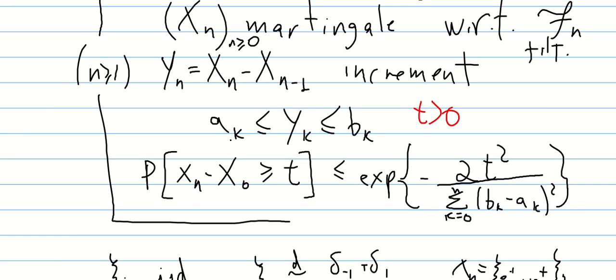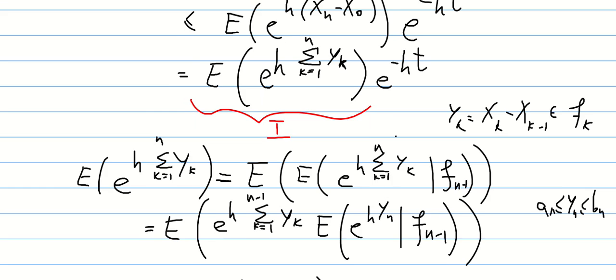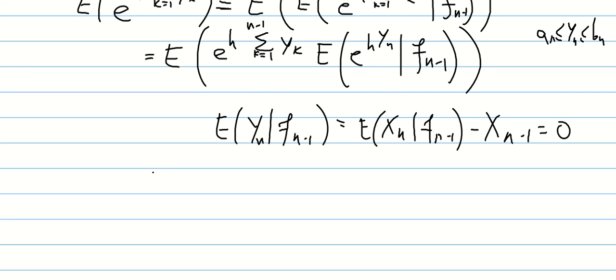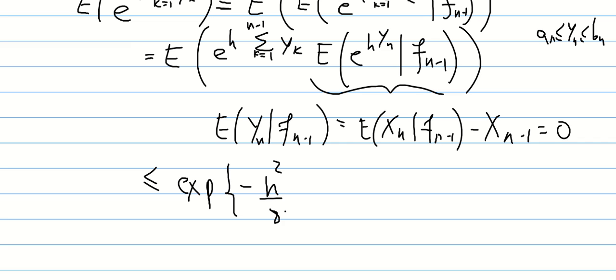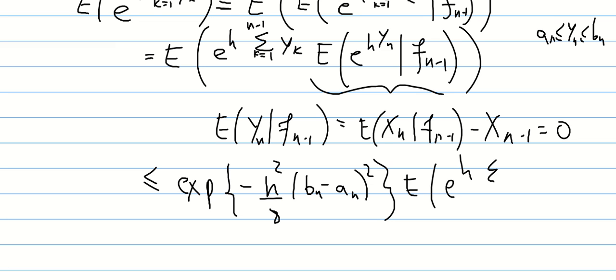So we can use the previous lemma to bound this by a number. So this number goes outside. That number was exponential of minus h squared over 8 times (bn minus an) squared. And now we have the expectation of e to the h sum of yk.